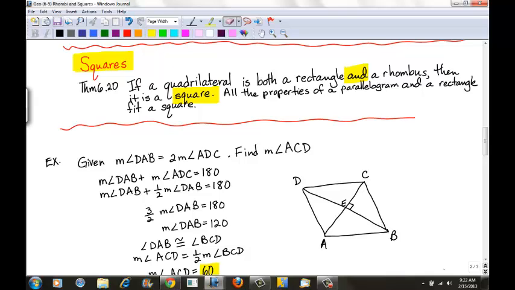So you can use the measure of angle DAB, this one, and ADC. They are supplementary, right? So these two angles, this whole angle and this whole angle, add together to give you 180.